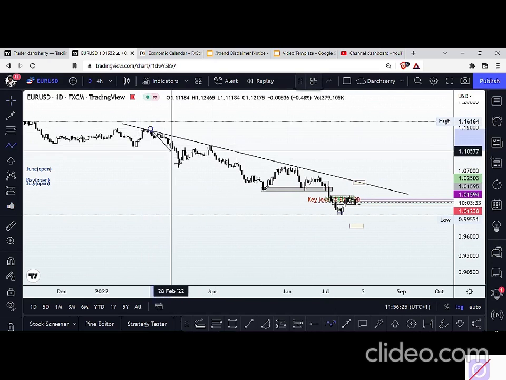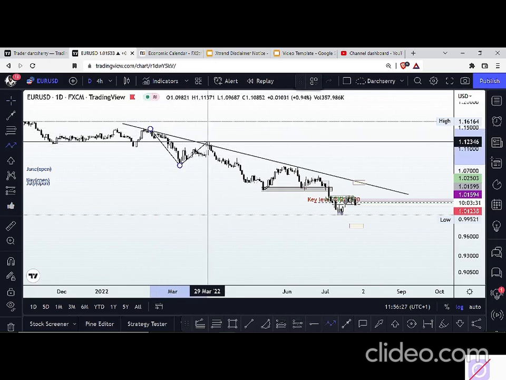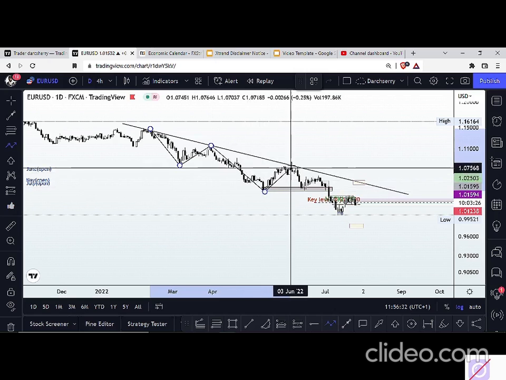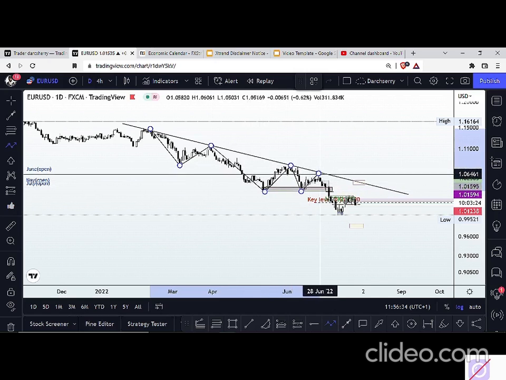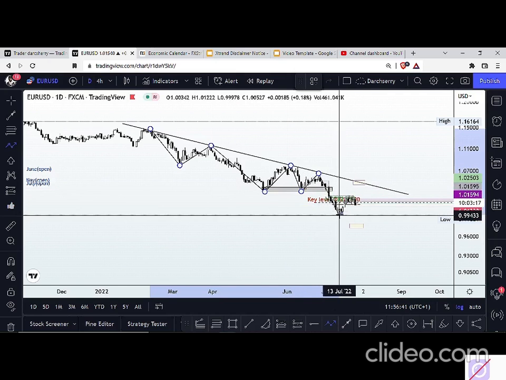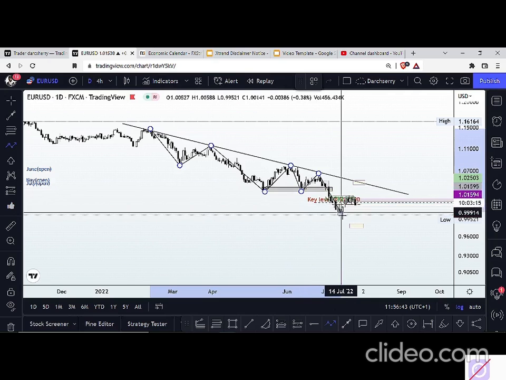We can see how anytime price comes into the trend line, it gets rejected, and then we saw this one to here before we saw this huge expansion that broke down that demand zone at the 1.03700 area right into the 1.01 area.